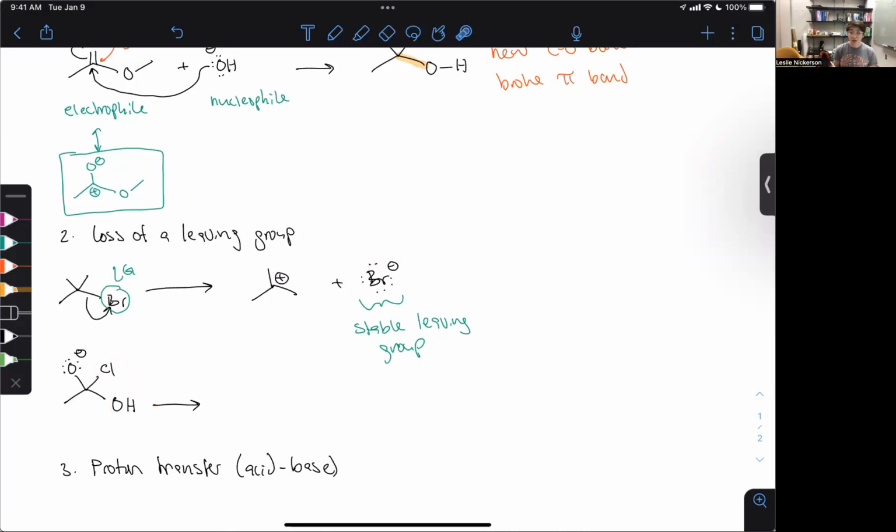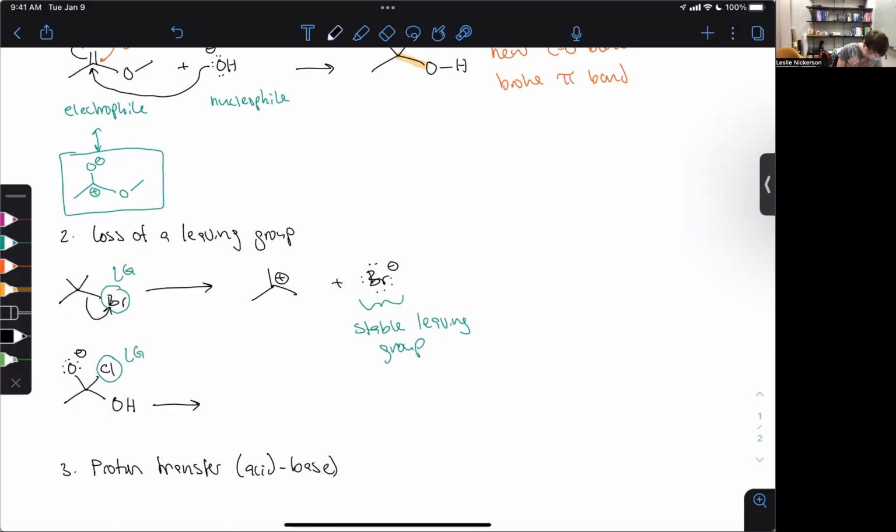But between the 2 of them, which one would be best, right? Is HCl a stronger acid, or is H2O a stronger acid? Hopefully when you say that to yourself, you think, oh, HCl, obviously, because we've got a much bigger atom. So in the case of chlorine versus an OH, Cl minus is much more stable. So the Cl is going to be our leaving group.